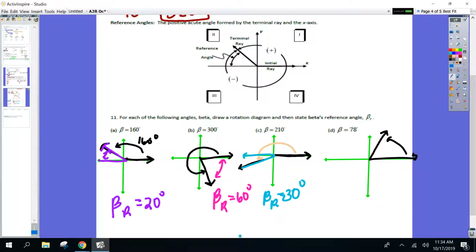Anybody want to chime in with anything here? It's the same angle, right? Why don't I want this angle right here? That's not a reference angle. That's with the y-axis. I want it with the terminal side and the x-axis, and it's this angle I originally made. So if an angle is in the 1st quadrant, it's its own reference angle.